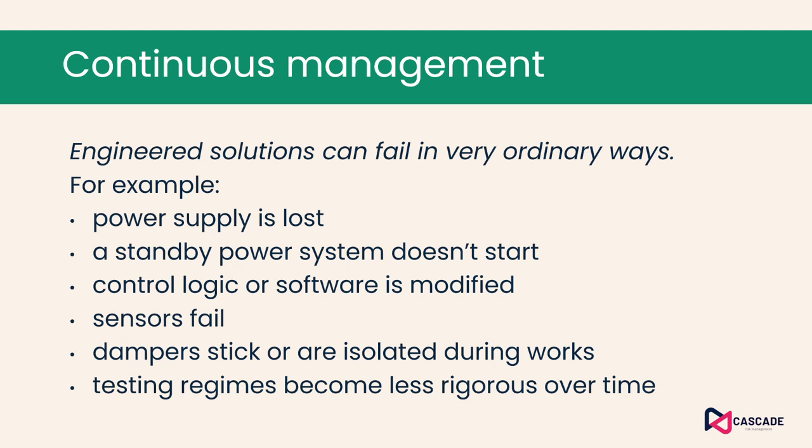Does it still meet the assumptions used to justify the extended travel distances? And what happens under these failure conditions if power supply is lost, if the standby power doesn't start, software modifications, any of these things, we need to assure ourselves that we have understood them and that we know that the system is still going to work as expected.